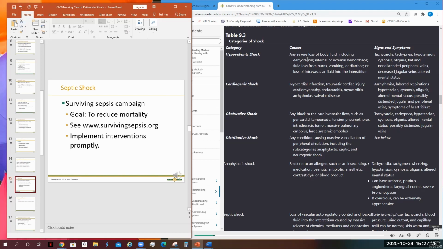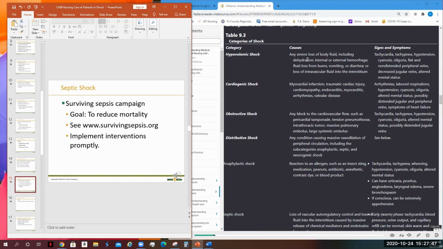The signs and symptoms of hypovolemic shock are tachycardia, tachypnea, hypotension, cyanosis, oliguria, flat and non-distended peripheral veins, decreased jugular veins, and altered mental status.